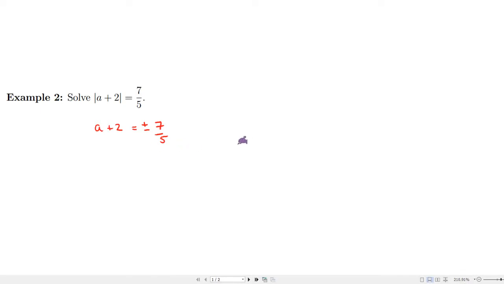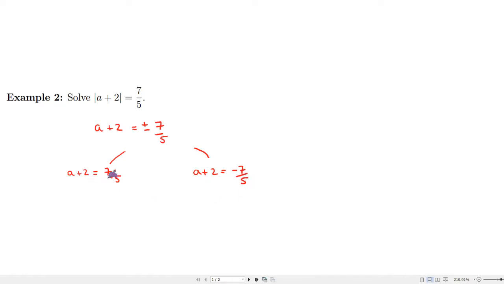To solve it at this point, what I would suggest is we try to solve for a. So we actually have two equations that we're trying to solve, right? A plus 2 is equal to 7 over 5, or a plus 2 is equal to minus 7 over 5.